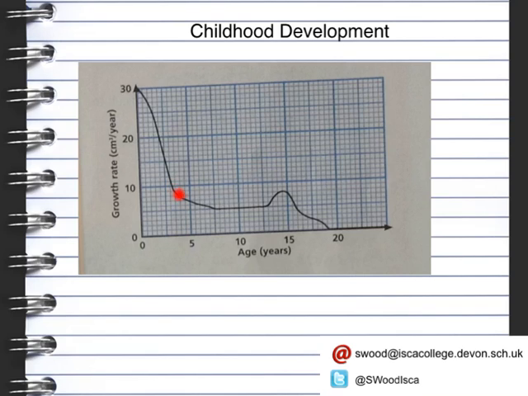Now then, after sort of 7 up to the ages of about 12 or 13, the growth rate is fairly constant. And then as we get to puberty, there is again another growth spurt, and then as you get towards adulthood, your growth rate stops increasing, and then by the time you're sort of 19, 20, your growth rate no longer increases at all.